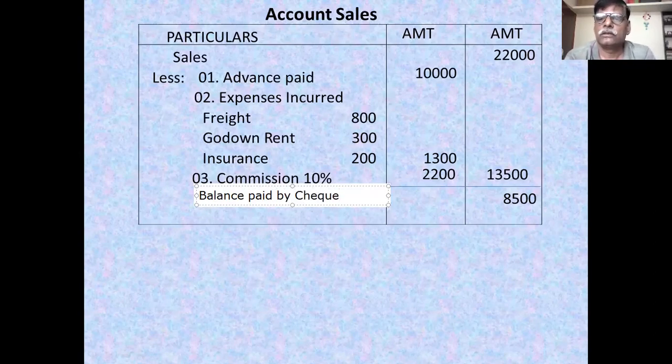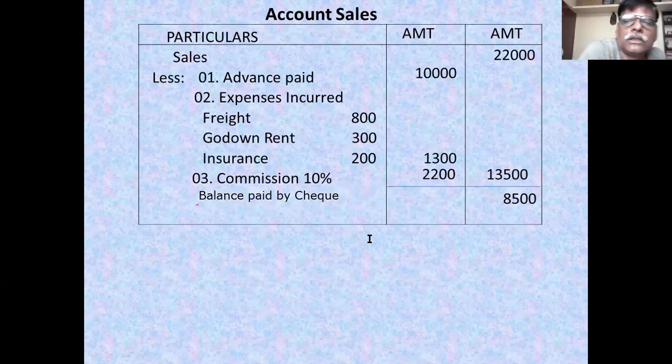Balance paid by cheque or balance paid by cash, balance paid by bill or balance to be payable. In this way you write. Okay, this is the point you remember regarding account sale. This is the form of account sale. Clear? This is the account sale. Remember this.